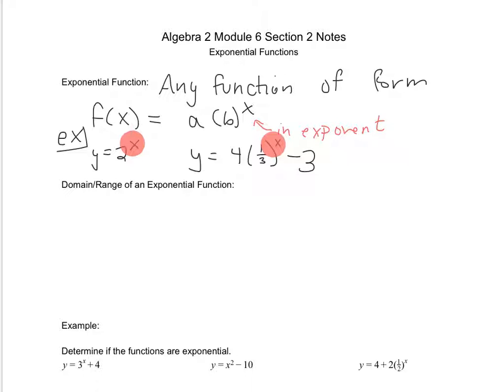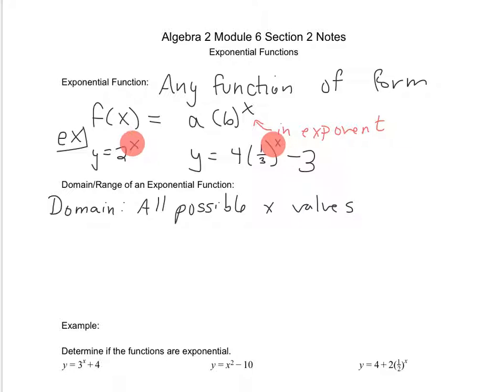So for every exponential, we have a domain and range for this function. Now if you remember, the domain is going to be all possible x values. So it's all values I can plug in. We had excluded values in Module 5 for rational functions, things that it could not be because it made asymptotes or holes or things like that.